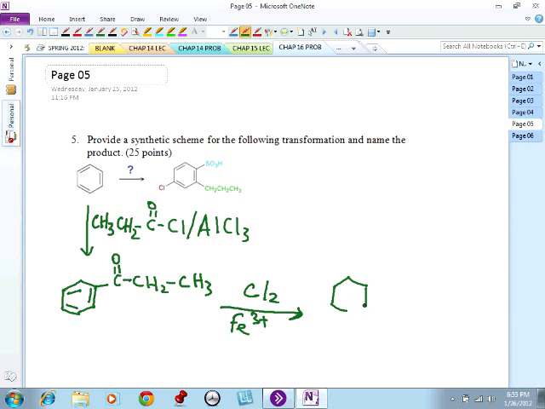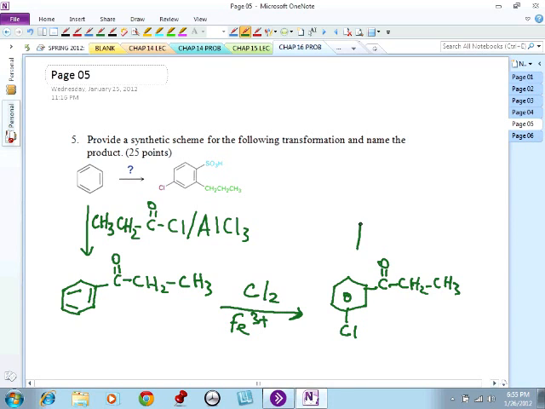Now the chlorine goes to the meta position, okay? Then I did reduction of the ketone.